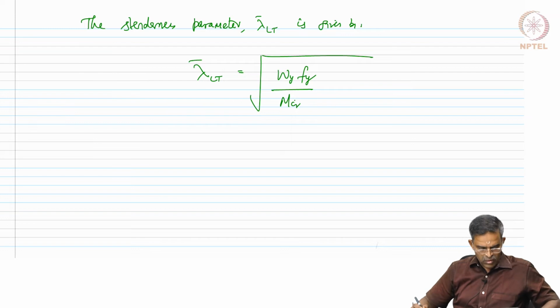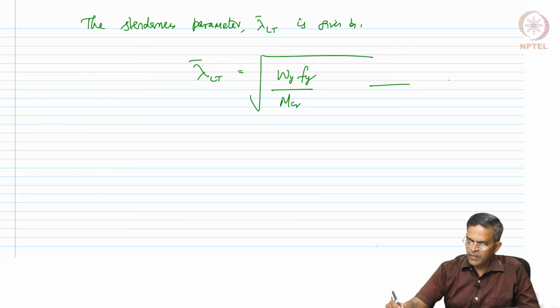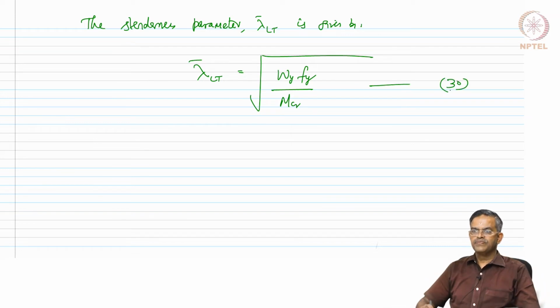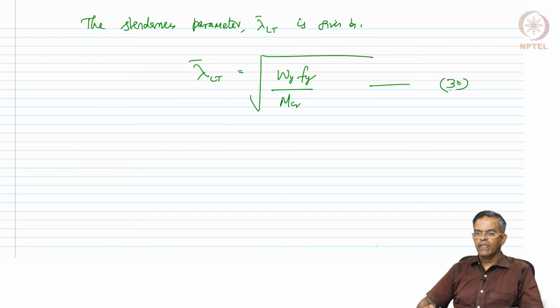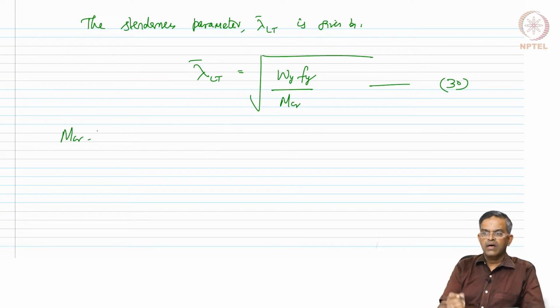I think we know all these terms, as we have been discussing them earlier. For example, we know M_cr is the elastic critical moment based on classical buckling theory.